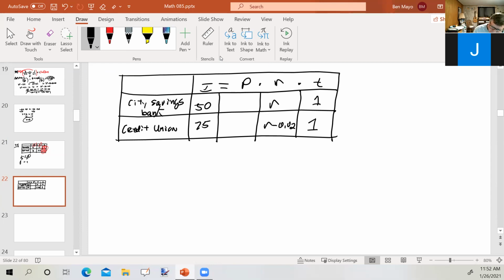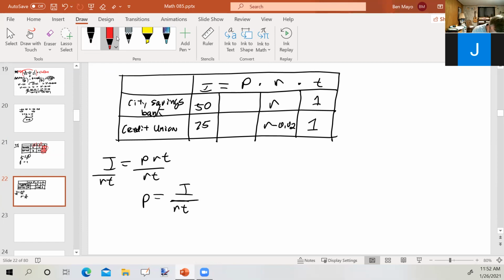Okay. Well, if I equals PRT, to solve for P, we would divide both sides by RT. So P equals I divided by RT. So this P equals I, which is 50, divided by RT, which is R times 1, or just R. So you get 50 over R. Okay?